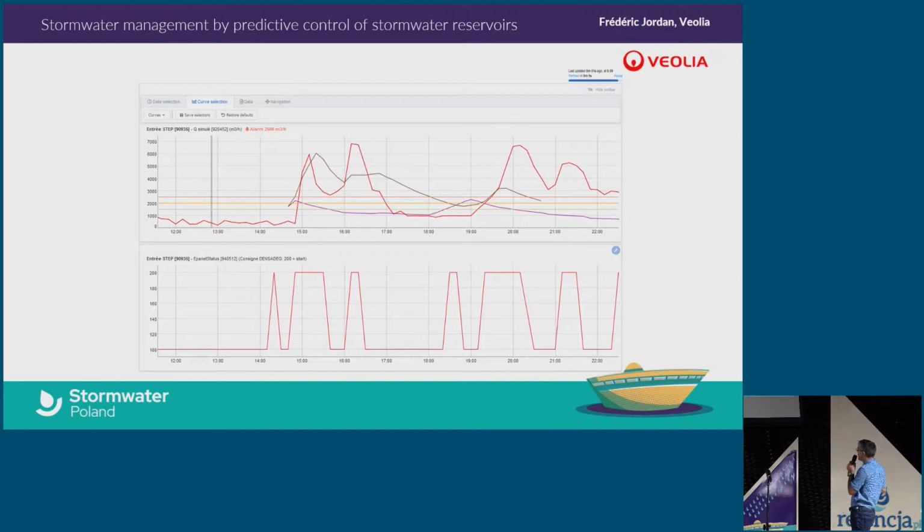And on this example, it's still better. So there is a 30 minutes delay between the activation and the effective entrance of the real discharge. So in that case, we were able to activate the system 10 minutes before the flow is coming, and in that, a few hours later, about 30 minutes before.